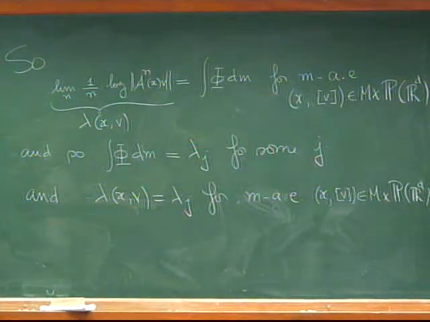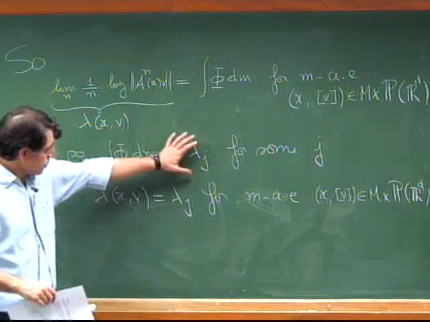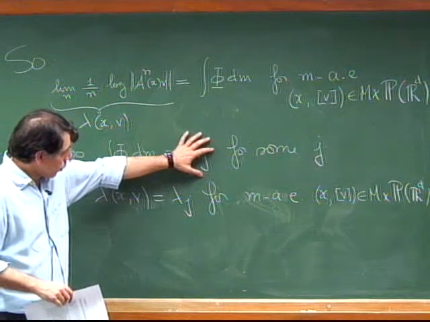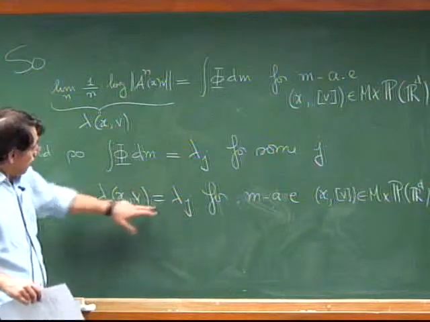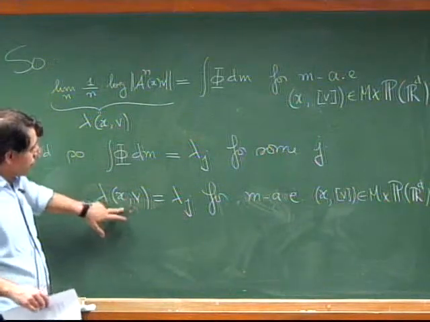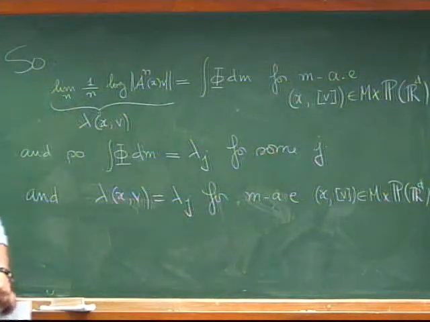You see, it's a lot easier to understand than to explain because I'm not doing anything. I'm just playing with the definitions. So this has to be one of the lambda j's because lambda j's are all possible values of this, and that's all the values I get for lambda for almost every point.